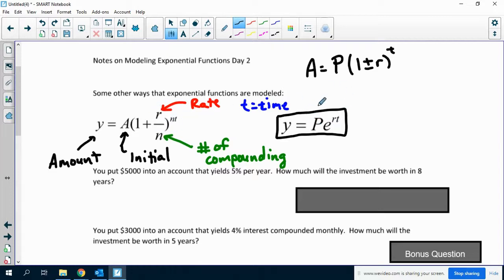It's pretty nuts. The P in this case stands for the principal or the initial amount, the R is the rate, and the T is the time.